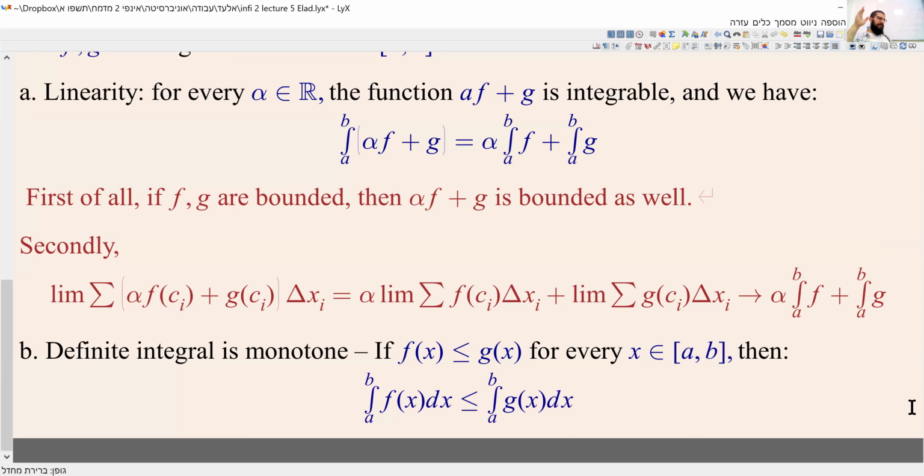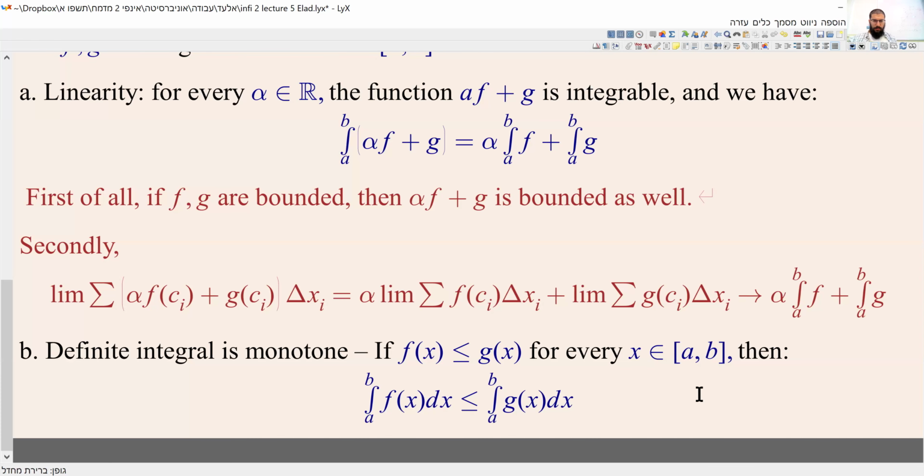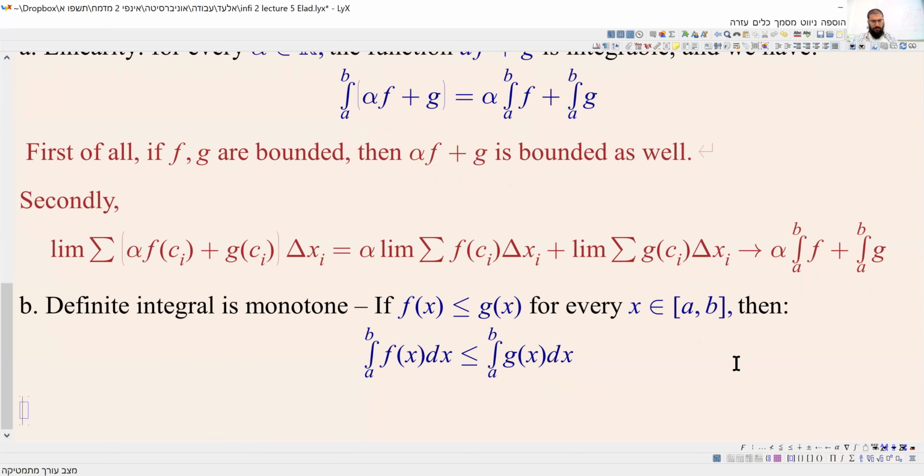First of all, it makes a lot of sense. We know intuitively that the integral is the area between the graph and the axis. And if we have two functions, one above the other, underneath the bigger one we're going to have more area. Secondly, one can write it down using the definition with the Riemann sums.